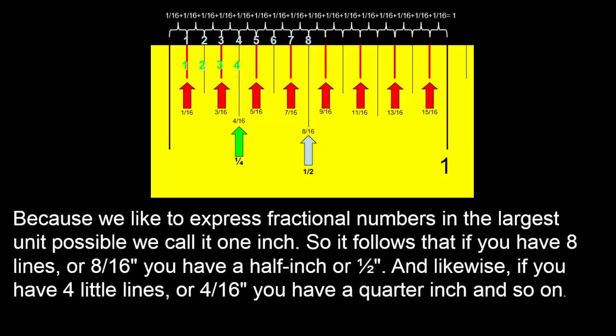So it follows if you have 8 lines or 8/16 inches, you have a half an inch, or written 1/2 inch. And likewise, if you have 4 little ones or 4/16, you have 1/4 of an inch and so on.